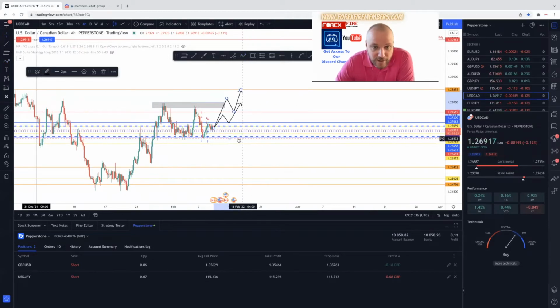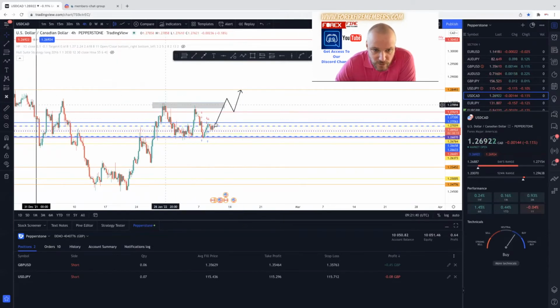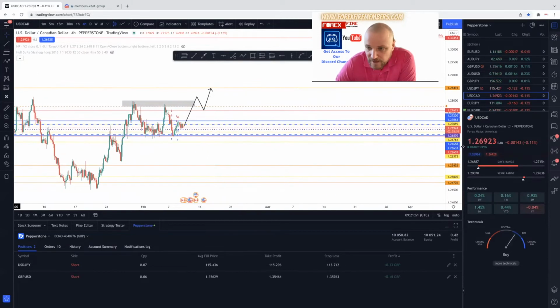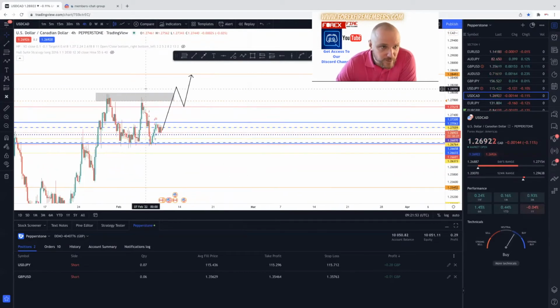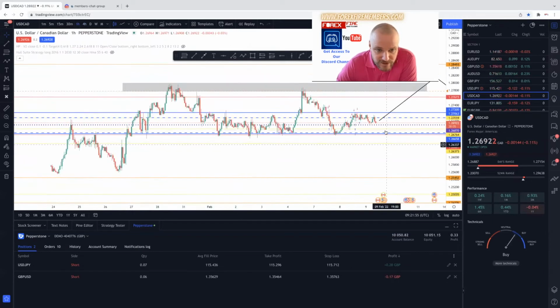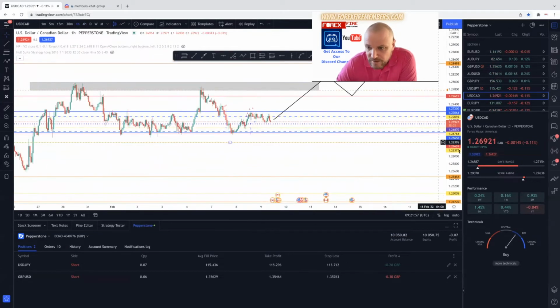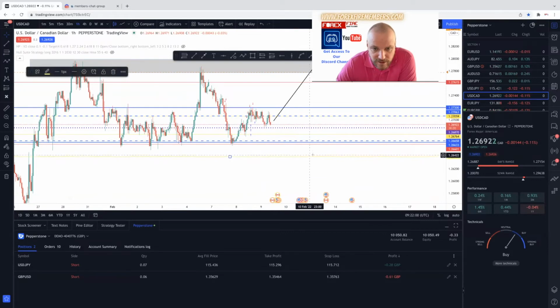But again, we're just waiting on an alarm. So we'd set the alarm to above that area there. That could be for later in the day. We're on the 4 hour at the moment. Let's go down to 1 hour, see if we can catch something a little bit earlier.